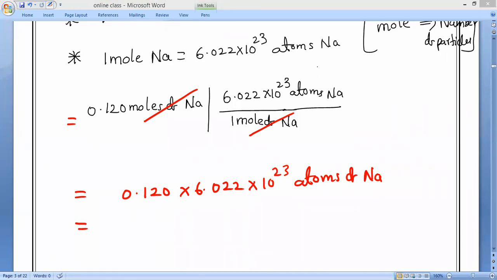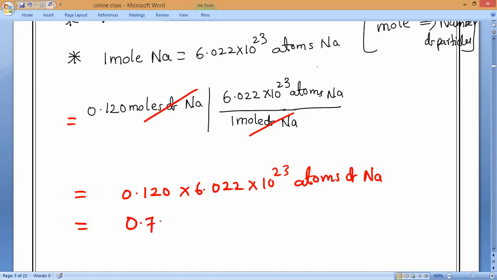So it is 0.722 into 10 power 23 that will come.